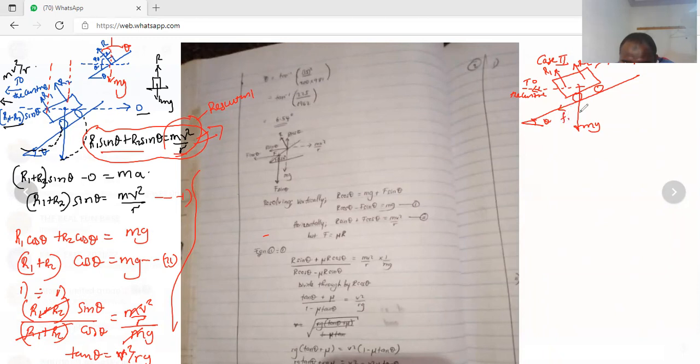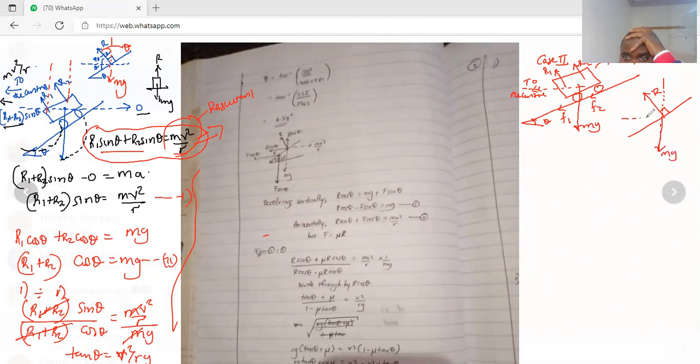It is the friction on the tires, F1 and F2, which frictions can also be analyzed from this line, whereby if this is the reaction, R, remember I told you it's supposed to be at 90, then we have the weight mg.